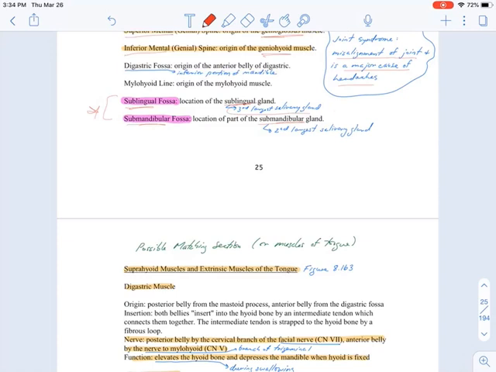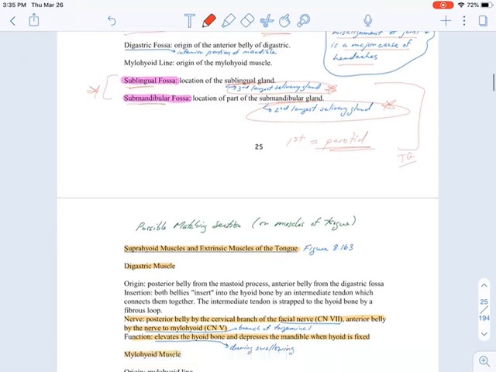It's important to note, though, that your sublingual is the third largest salivary gland. Your submandibular is the second largest salivary gland, and then like we talked about last time, the largest is going to be the parotid. Every once in a while, there'll be a test question over which is the largest, which is third, which is second, that type of thing.